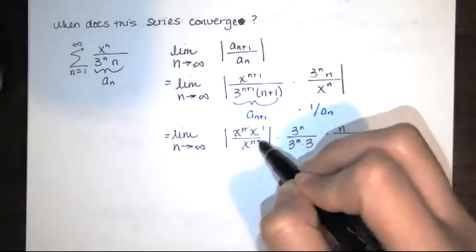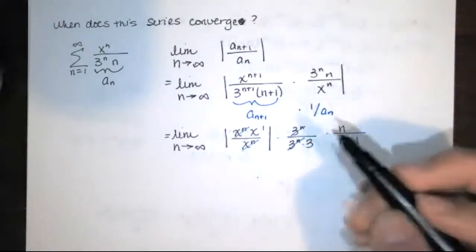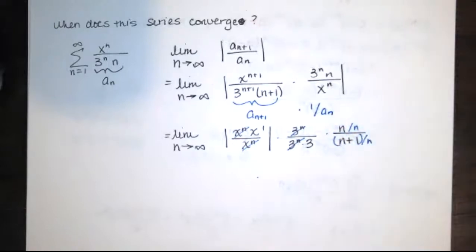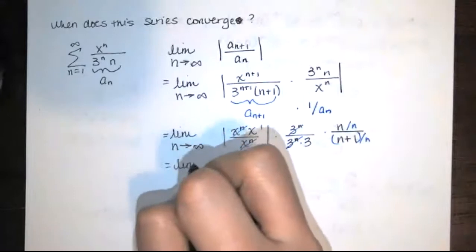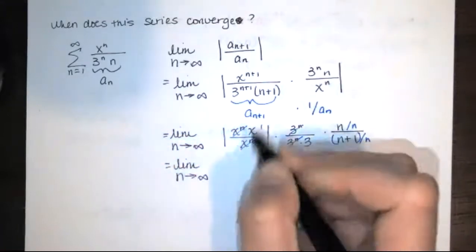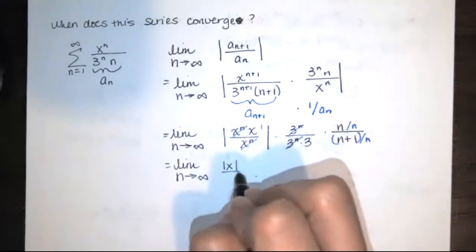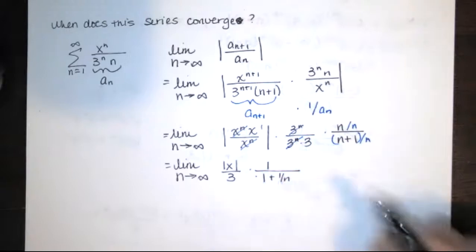Okay, so the x to the n's reduce, the 3 to the n's reduce. I've got an infinity over infinity indeterminate form. Whenever you have that with polynomials, we always divide by the highest power of n in the denominator. And so what we get here is the limit as n goes to infinity of the absolute value of x times 1 over 3 times 1 over 1 plus 1 over n.